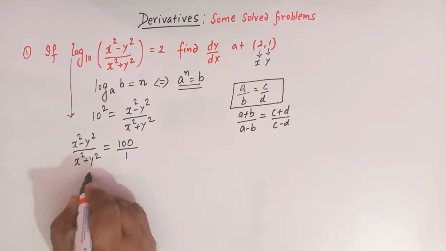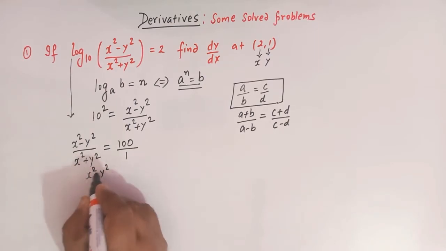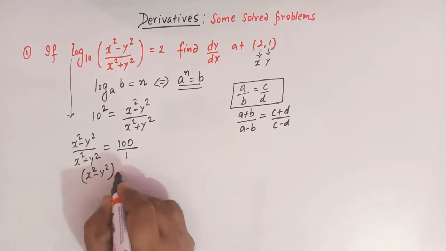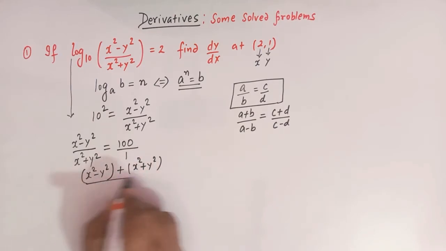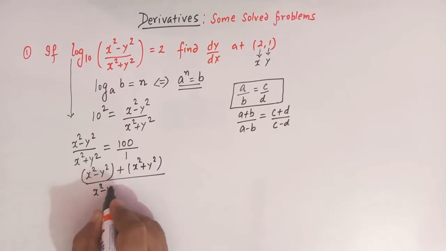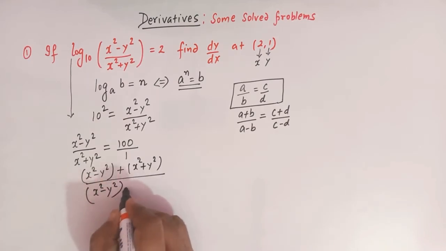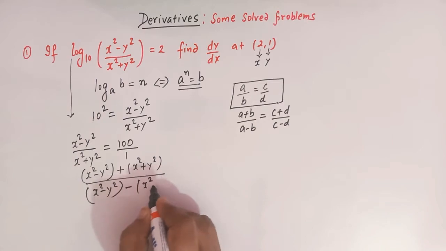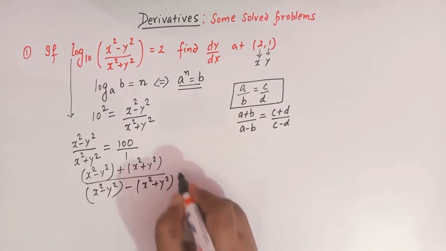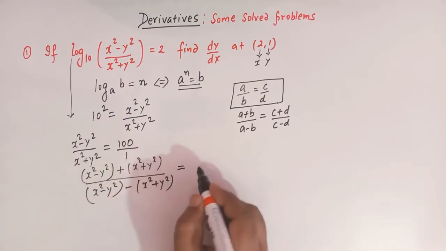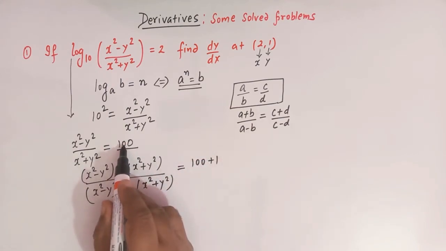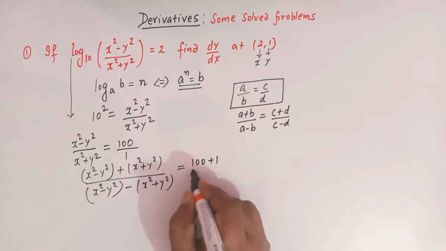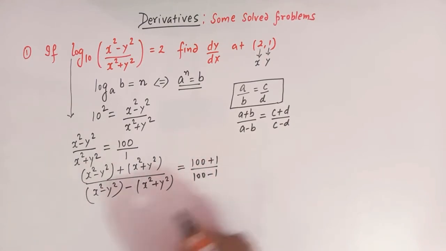So we have (x square minus y square) plus (x square plus y square), divided by (x square minus y square) minus (x square plus y square). And on the right hand side we have 100 plus 1, because c is 100 and d is 1, and here we have 100 minus 1.